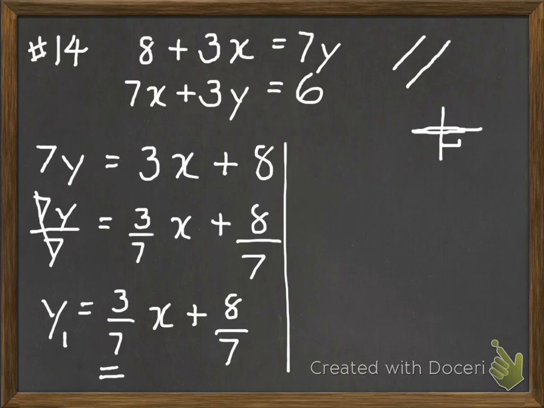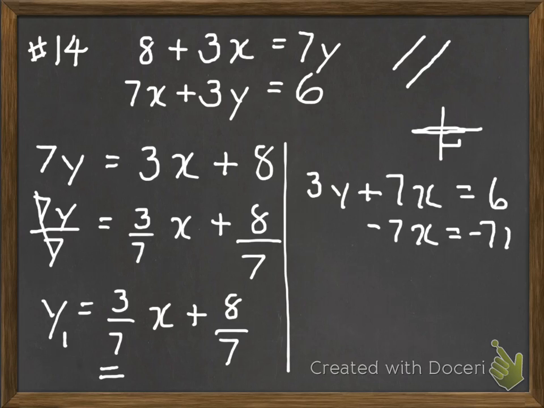Okay, now let's look at the second line. I'm going to write it as 3y plus 7x equals 6. I can turn these around if I want to. And first I'm going to take away the 7x from both sides. So I get 3y equals, and I'm going to write the minus 7x first, plus 6.